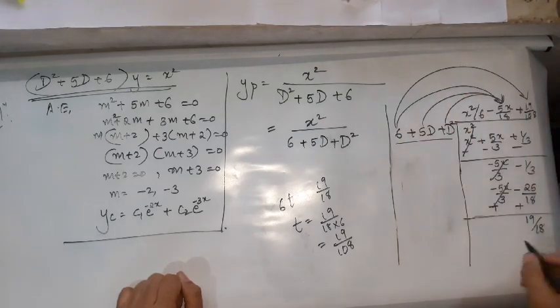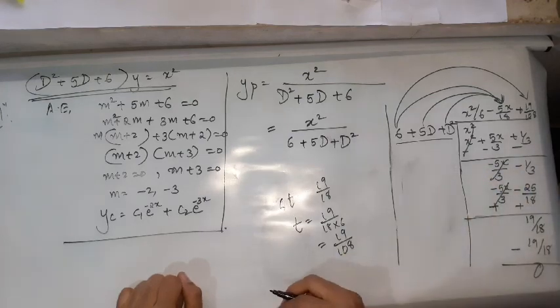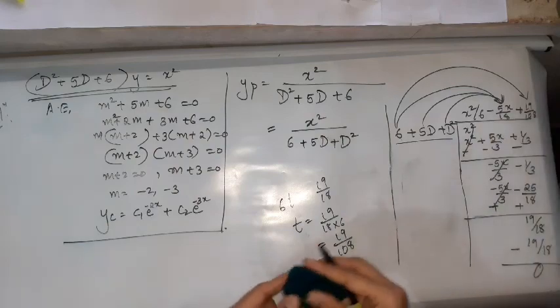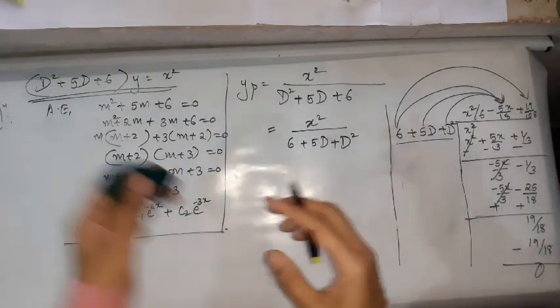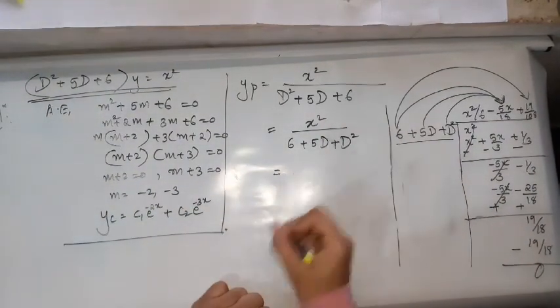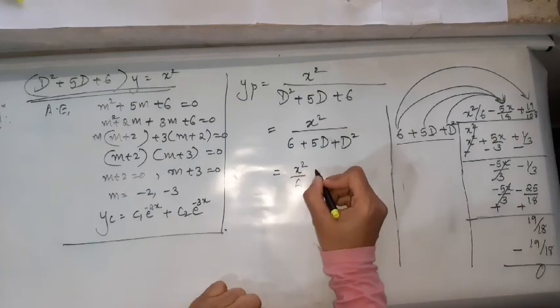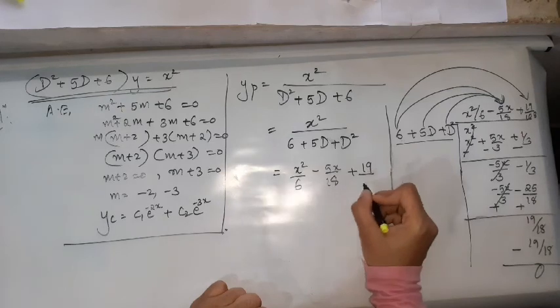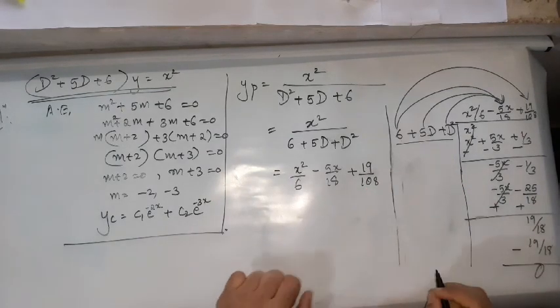After you multiply, definitely you will get plus 19 by 18, change the sign, you get 0 here. So this is how you solve for the polynomial terms. Now whatever you have got here, that is your yp. So we'll write our yp here. It is x square by 6 minus 5x by 18 plus 19 by 108. This is how you solve it.